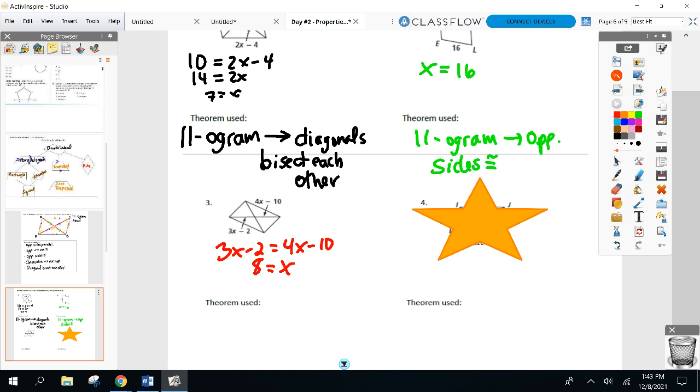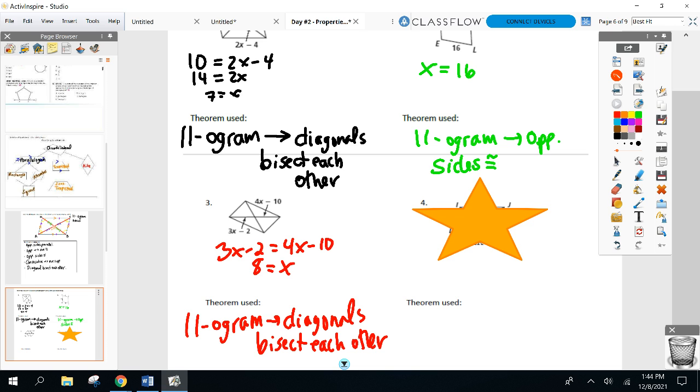What theorem did we use here? Okay. Parallelogram implies diagonals bisect each other. Good work, guys. Any questions from you? Okay, that's no big deal.